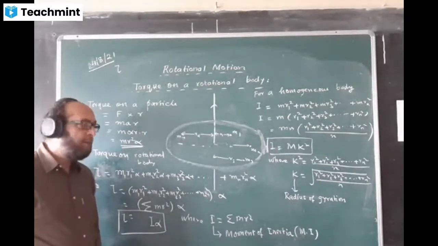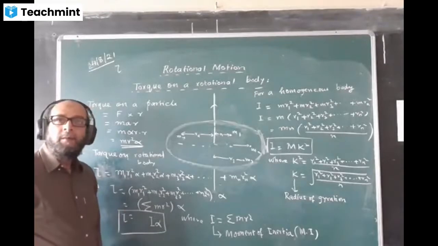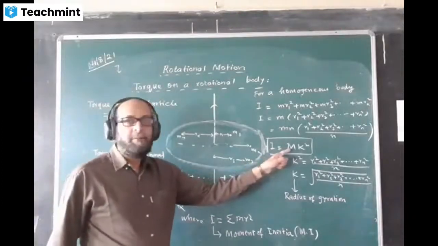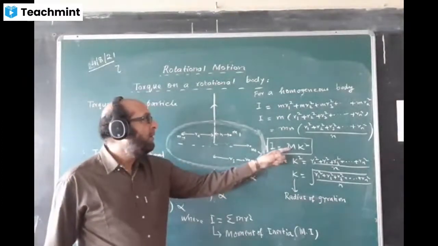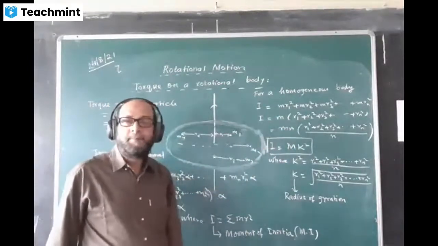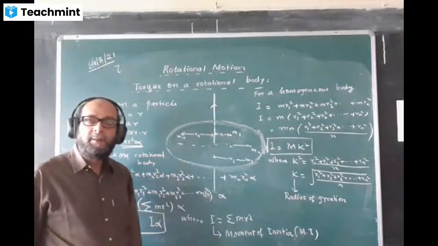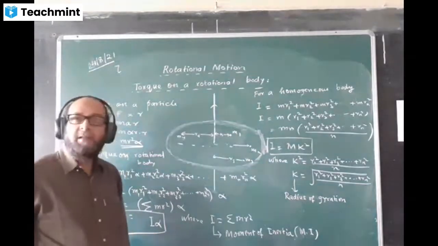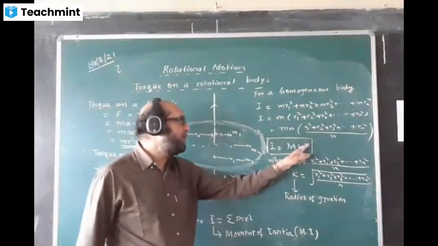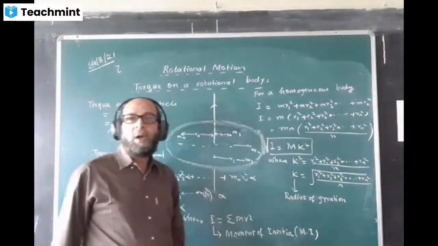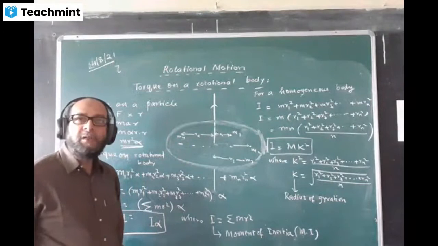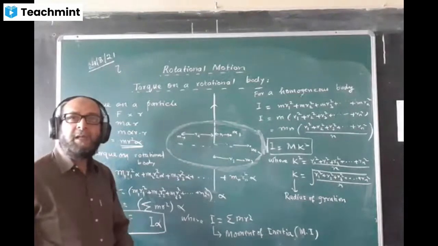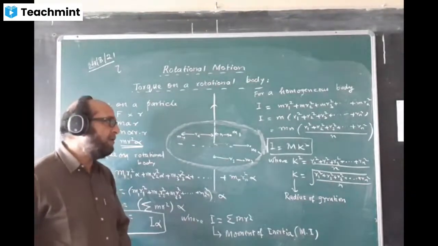Moment of inertia is the product of the mass of a homogeneous body and the square of the radius of gyration.